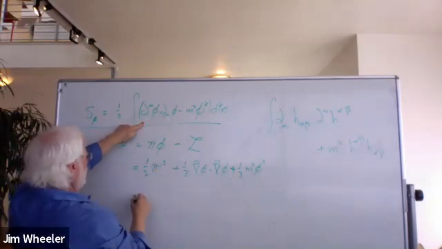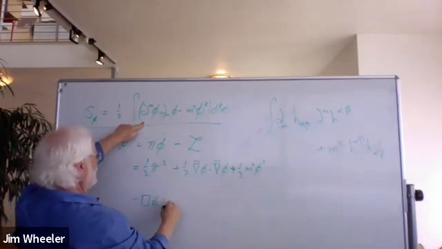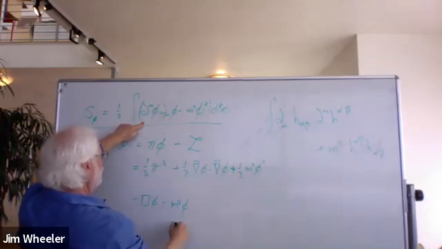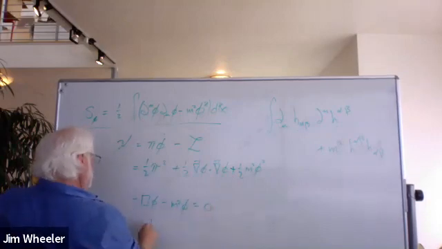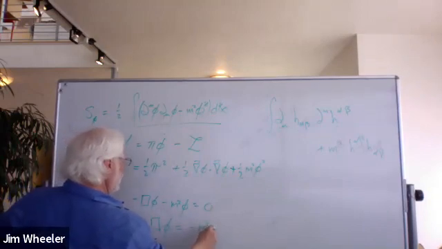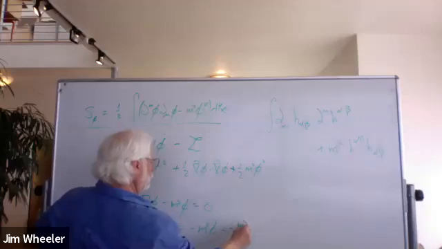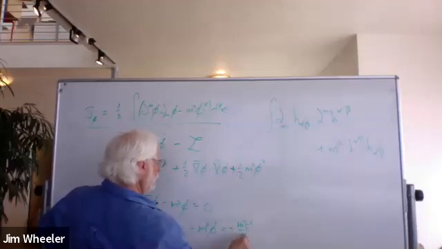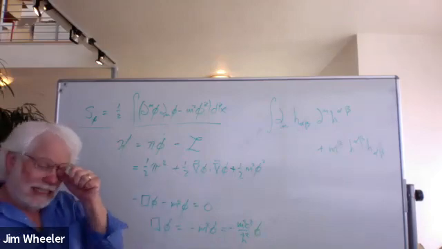I'm going to integrate by parts. I'm going to get minus box phi minus m squared phi from this term equals 0. So that says box phi is minus m squared phi, which I think you probably know is minus m squared c squared over h bar squared phi if you put in h bar and c.